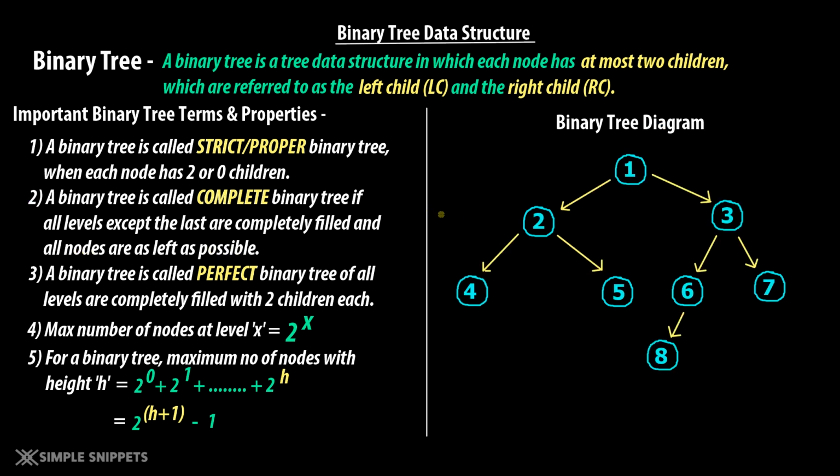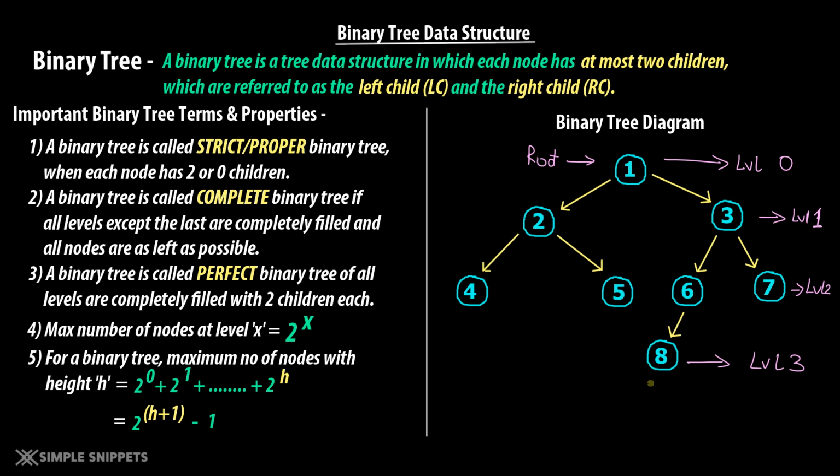So taking this example, again starting from root, let's say this is the root and this is level 0, 2 and 3 are at level 1, 4, 5, 6, 7 are at level 2 and 8 is at level 3. Okay, makes sense? Now is it a complete binary tree? If you observe, level 0 and level 1 are completely filled, which means each node at level 0 and level 1 has 2 children.